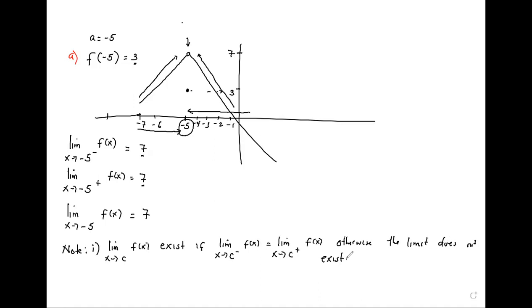And then, on which of these points is the function discontinuous, and on which points is it continuous? So maybe we should answer it for -5 now. So we say, well, at a is equal to -5, f of x is not continuous, meaning it is discontinuous.